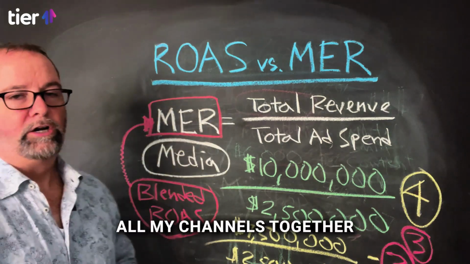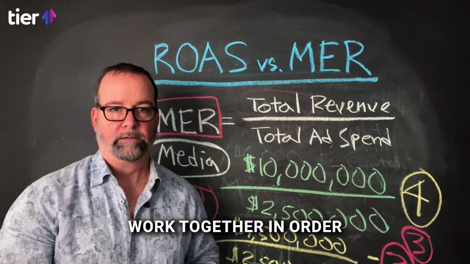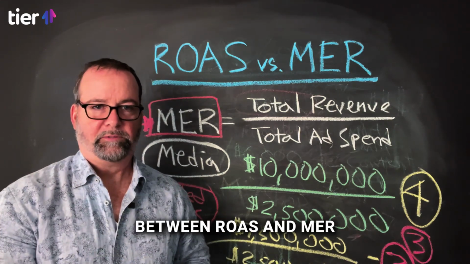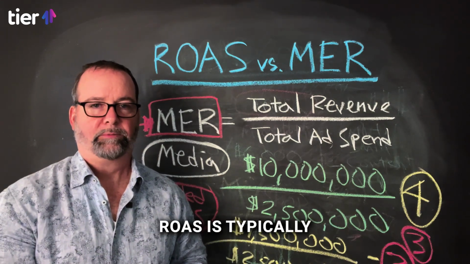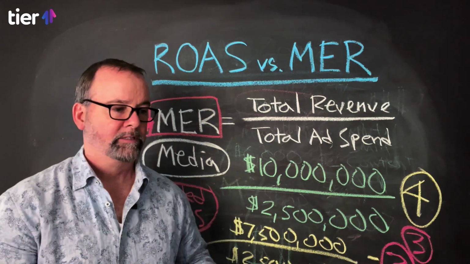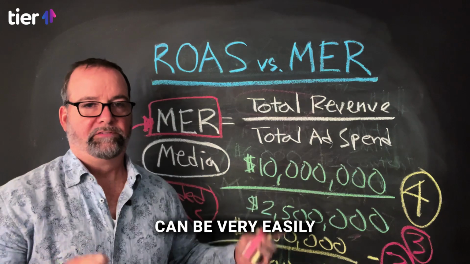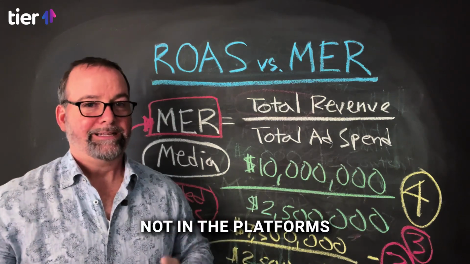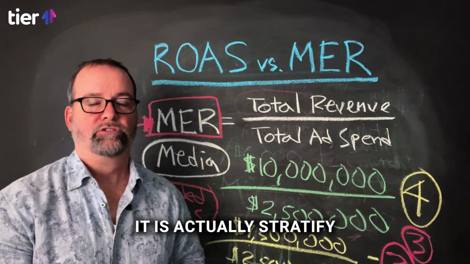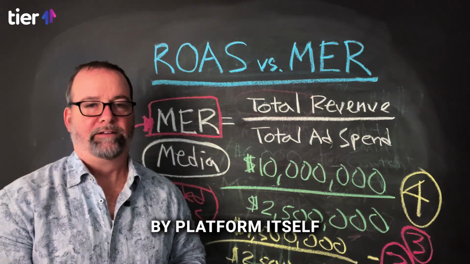Blended ROAS is basically all my channels together and how they work together in order to grow my business. So those are the two big differences between ROAS and MER. ROAS is typically a shorter term, individual campaign, individual channel. Okay, ROAS can be very easily measured, not in the platforms. The best way to do it is actually stratify it out by platform itself.